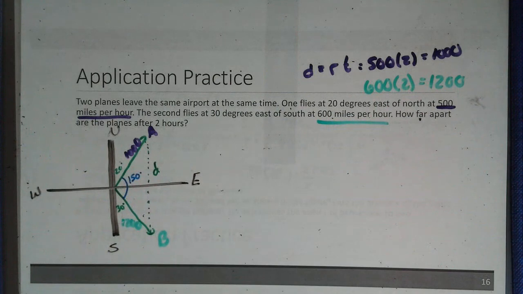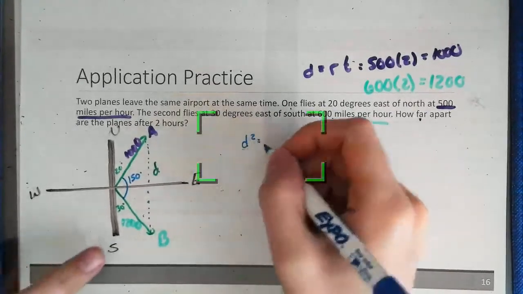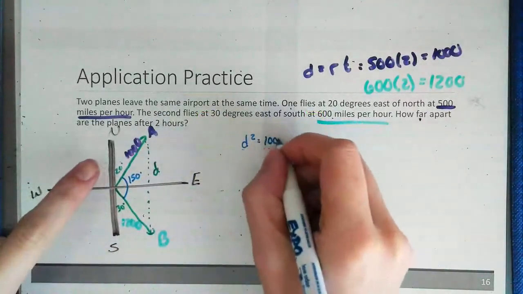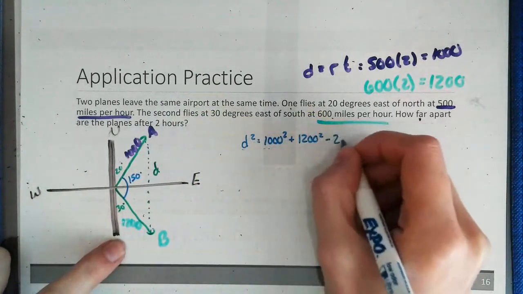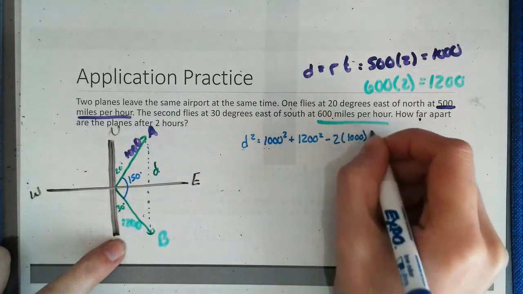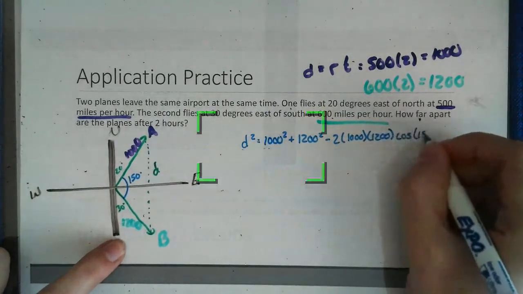If I know 2 sides and the included angle, I can use the law of cosines. That'll give me d squared is equal to 1,000 squared plus 1,200 squared minus 2 times 1,000 times 1,200 times the cosine of my angle.